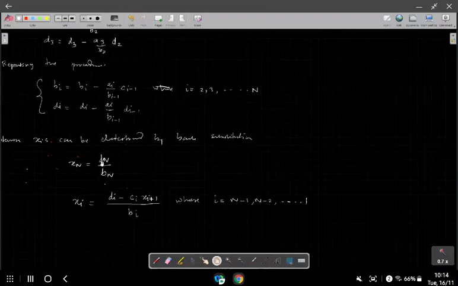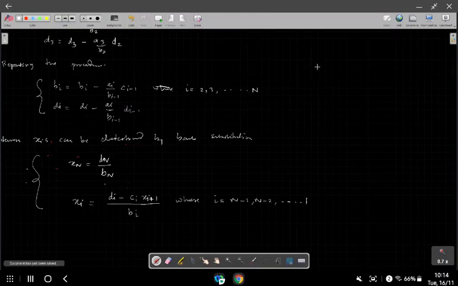So use a for loop, and this is another for loop. For i equals 2 to n, you calculate bi and di.